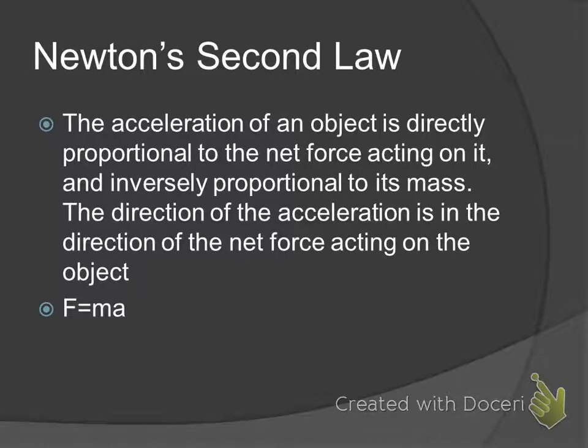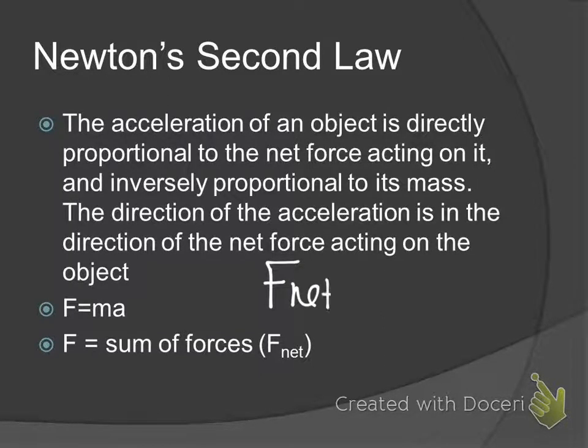Here's our equation for Newton's second law: force equals mass times acceleration. And here when we talk about force, we're talking about the net force. So the overall sum of forces is equal to mass times acceleration.